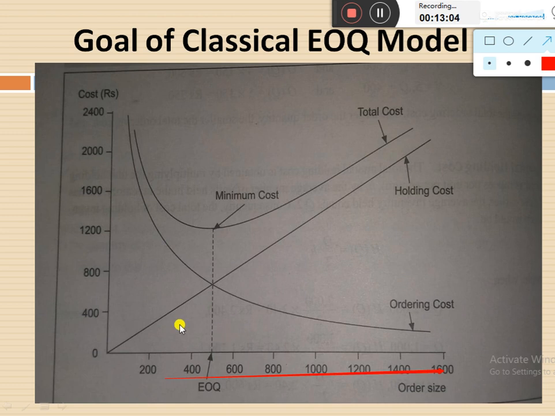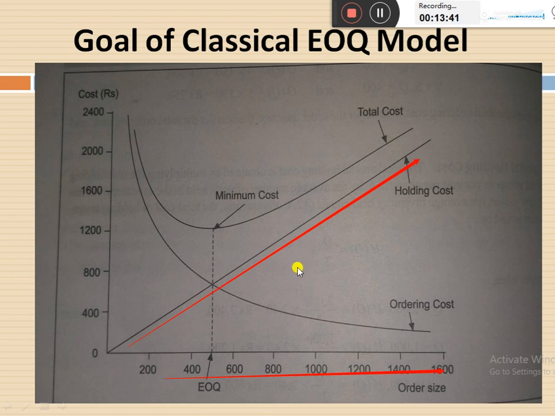But against it, with the increase in order size, the holding cost would increase gradually. Because the organization has to maintain larger average inventories in the stock, the ordering cost is reducing because less number of orders would be placed if the order size is larger, and the total ordering cost would be minimum.